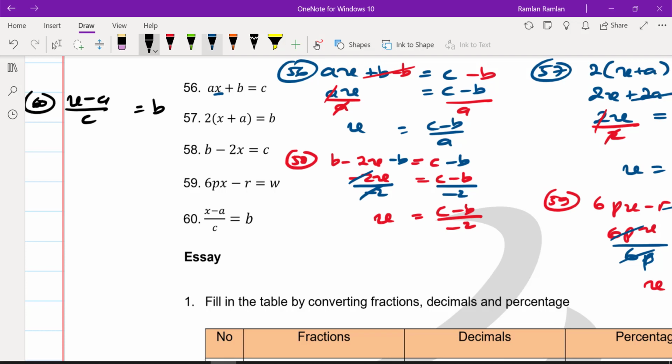What I'm going to do here is multiply both sides by c, so I can cancel this. That leaves us with x minus a, and b times c is just bc. The last step is to get rid of that a by adding a to both sides. That leaves only x on the left side of the equal sign, and the right side is just bc plus a.